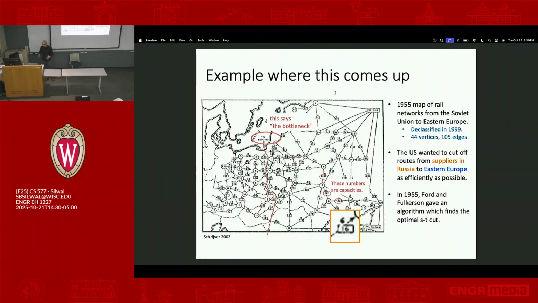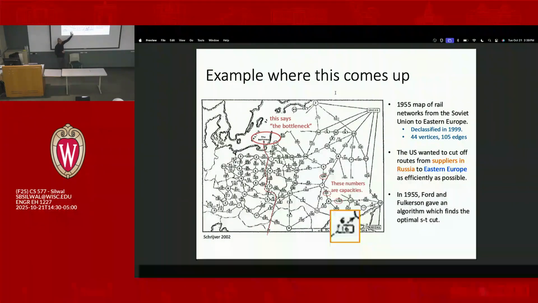So in the 1950s, mathematicians in the US were thinking, what is the best way to break up this connection so that the Russians cannot send stuff to Eastern Europe? And that's the same thing as the min ST cut.